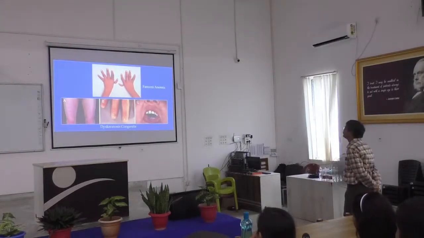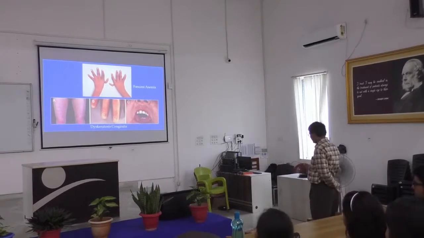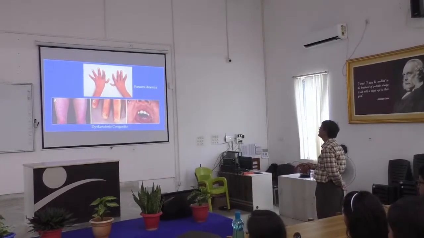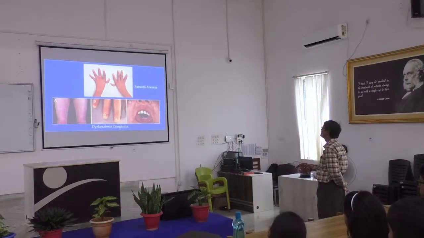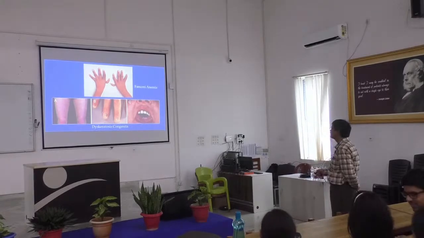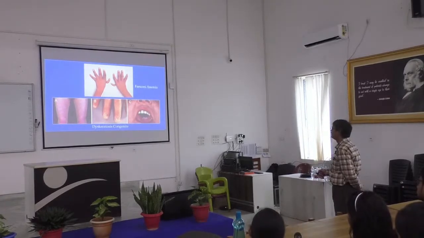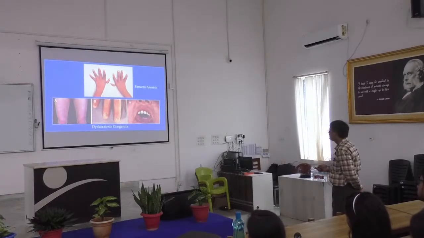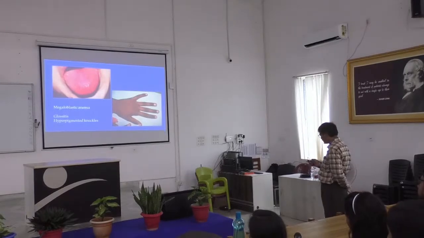So look at this picture. Look, have you seen the condition of the thumb, 1 2 3 4? This you get in the finger. This is dyskeratosis. Look at the nail condition. Have you seen the skin pigmentation? Look at the tongue condition here, right? Okay, megaloblastic anemia.